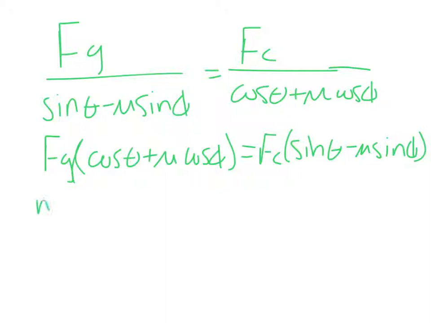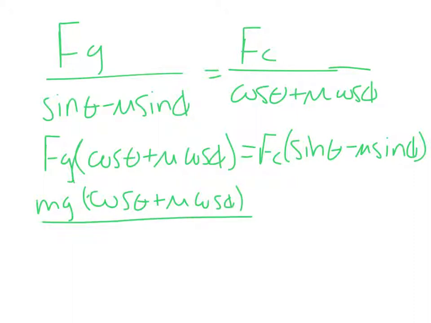So Fg equals mg times cosine theta plus mu cosine phi over sine theta minus mu sine phi equals Fc, which is mv squared over r.